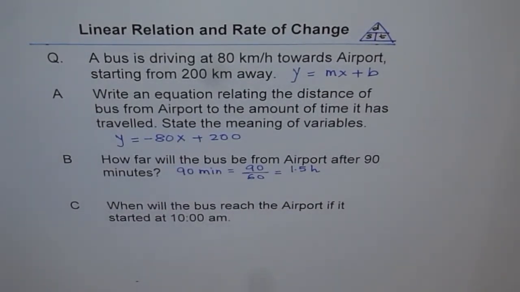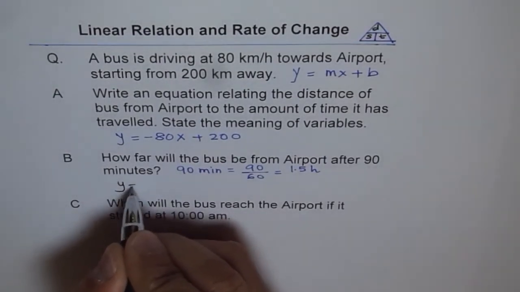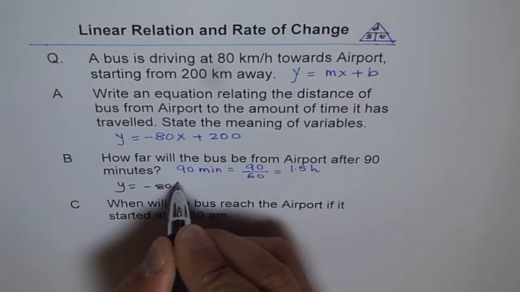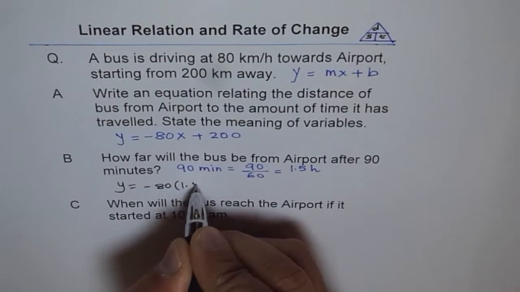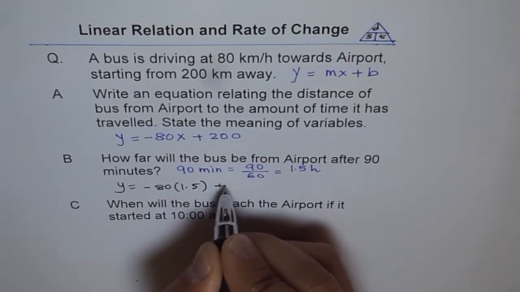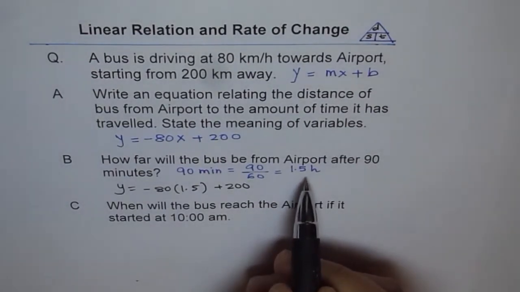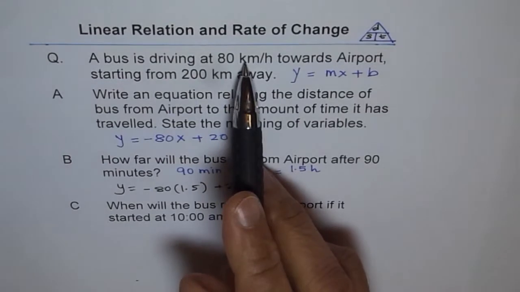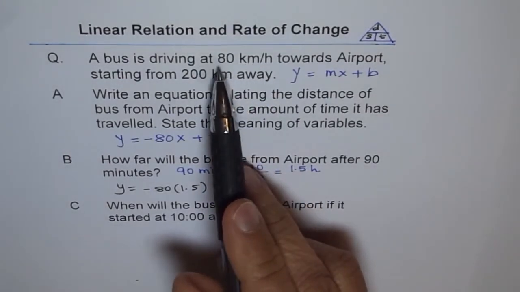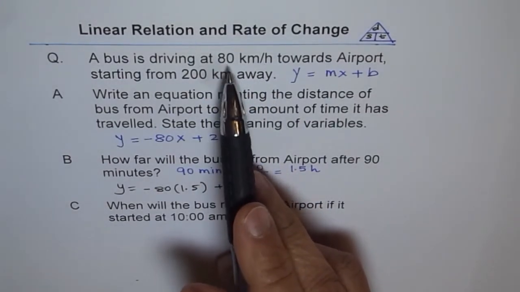So let's do it. We'll write y equals minus 80 times 1.5 plus 200. So initially it is 200 kilometers away, and in 1.5 hours, if it travels at 80 kilometers per hour, 1 hour is 80 kilometers, half an hour plus 40, 120, right?